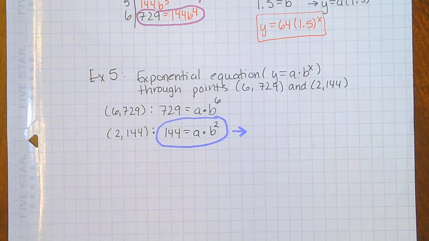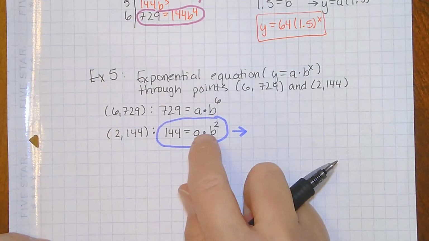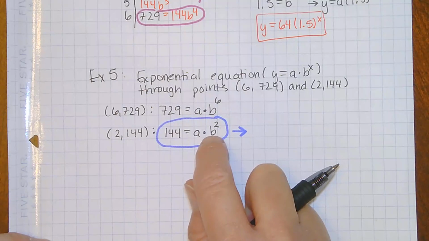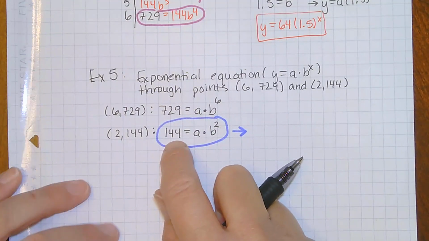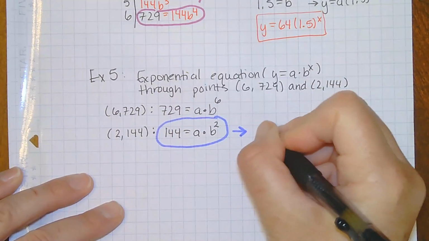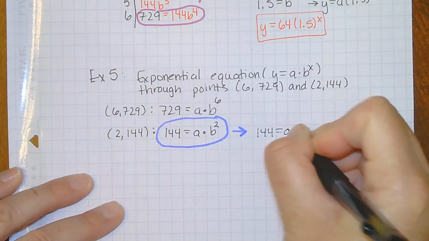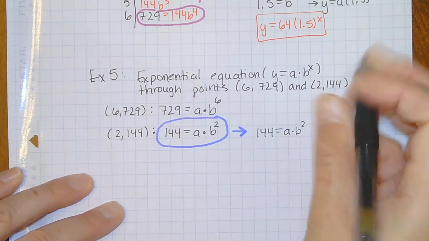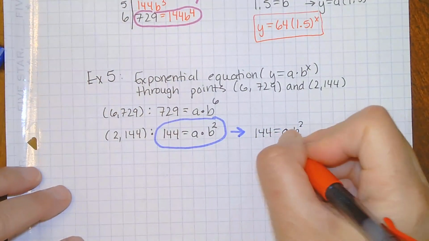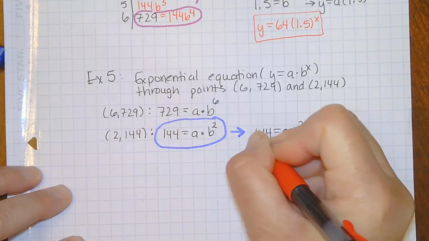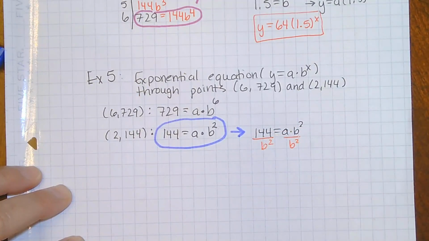So I'm going to get this to be a equal. So all I'm going to do is just rewrite the equation. To get rid of the b squared here, I'm going to be dividing this side by b squared, and then I'm going to be dividing this side by b squared. So again, I get 144 is equal to a times b to the second, and I'm going to get my a by itself by dividing this by b squared and dividing this by b squared.